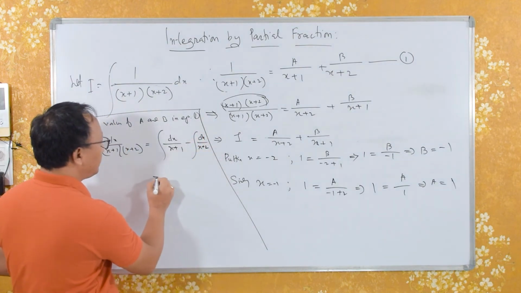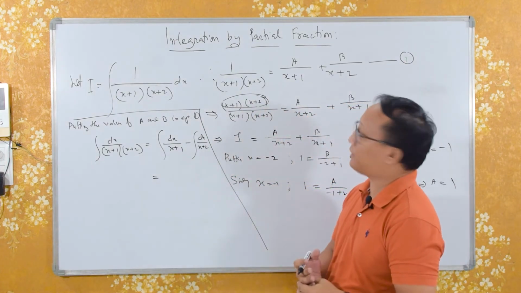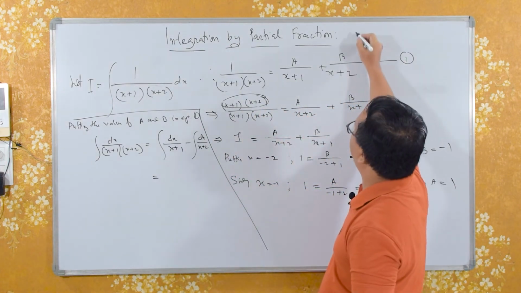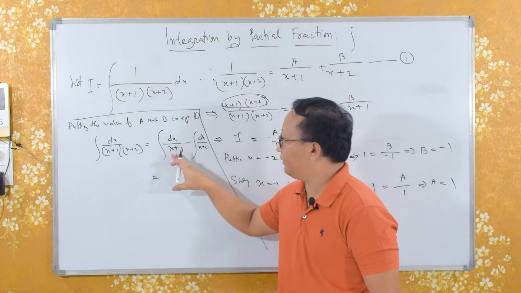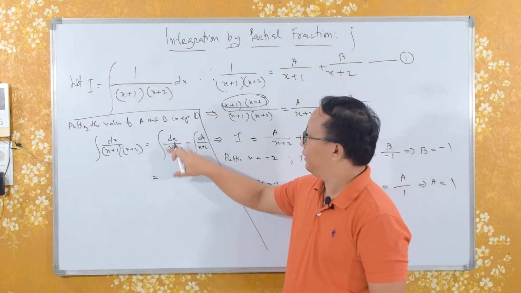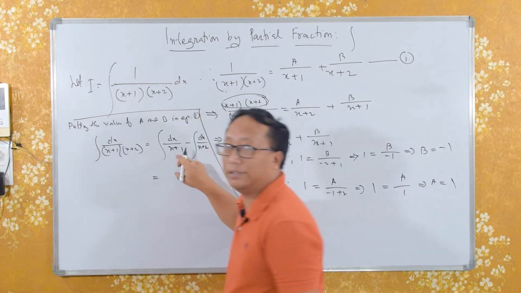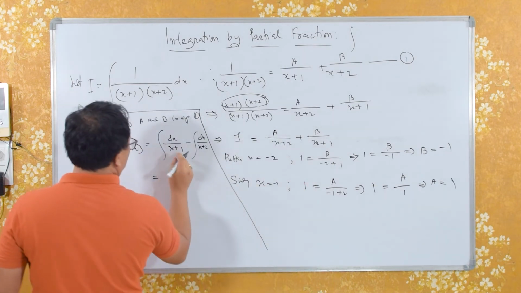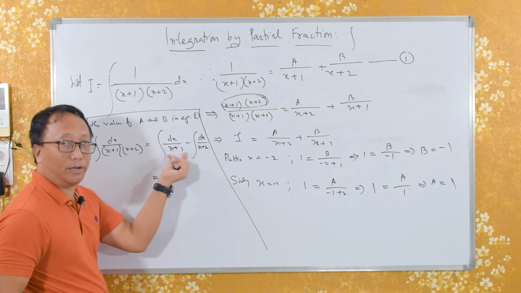Now, in integration, we have some formulas. If you differentiate this and get this, where we have denominator and numerator, then that is log of this one. Now let's say, for example, differentiation of x plus 1 is what? 1.